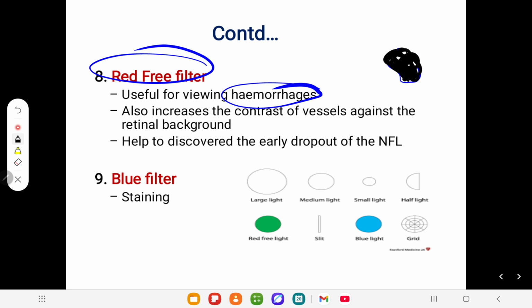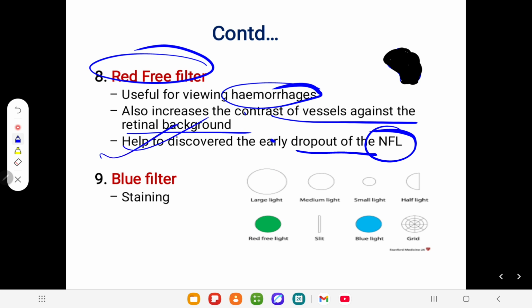One of the funny stories that a lot of optometrists tell each other: if optometrists are protanopic, then they don't need red free, because protanopic means it's always red free, isn't it? So that's quite comedy. It also increases the contrast of the blood vessels against the background and is helpful for arteriolar diameter and nerve fiber layer dropout, isn't it? In case of glaucoma. So it's a very useful filter, the red free filter.